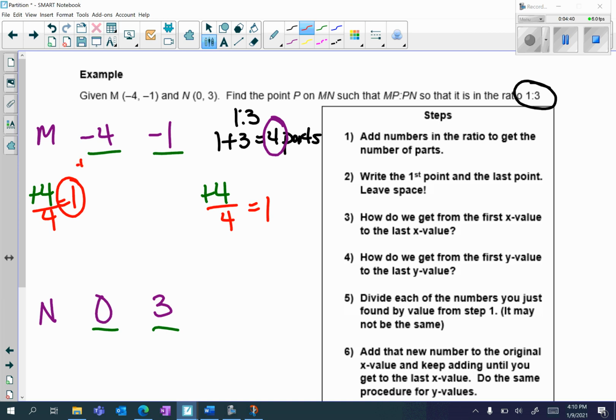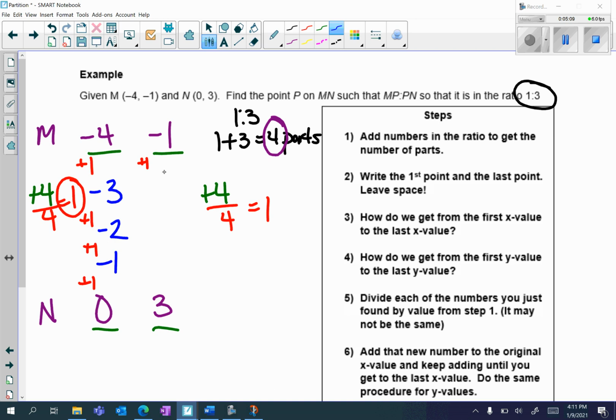So -4 plus 1 is going to give me -3. I'm going to add 1 again, -2, add 1 again, -1, and add 1 again. It gives me back to 0. I'm going to do the same thing on the other side. I'm going to add 1.